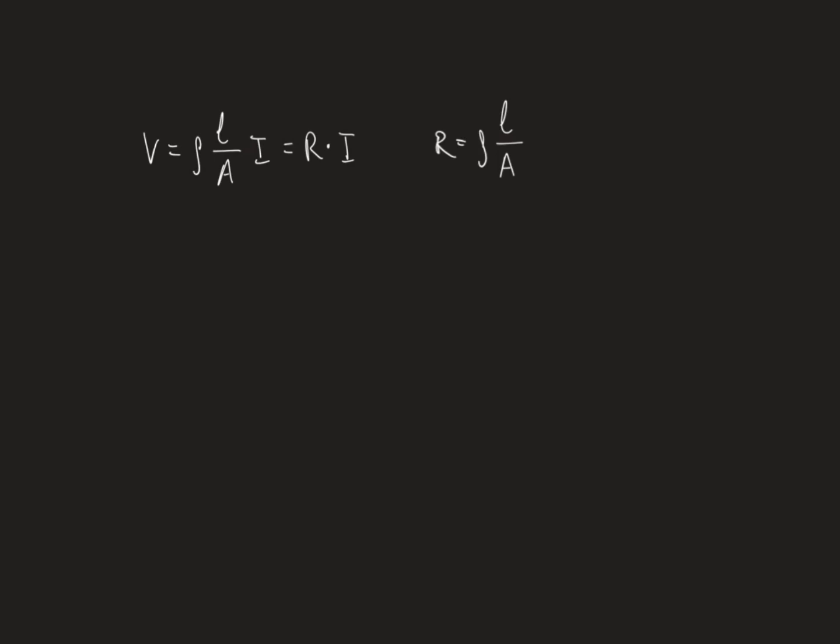Ohm's law can be written in a different form as I, the current, equal to the voltage divided by the resistance, or G, the conductance, times the voltage.